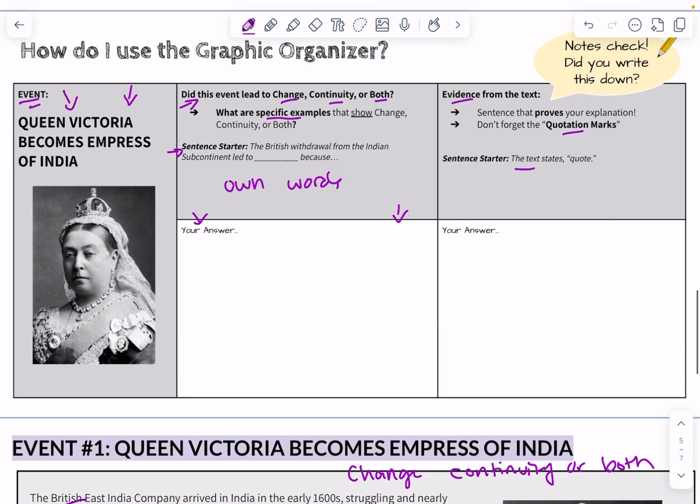So in my graphic organizer, I'm going to write this down in my own words. And I'm going to start using the sentence starter.